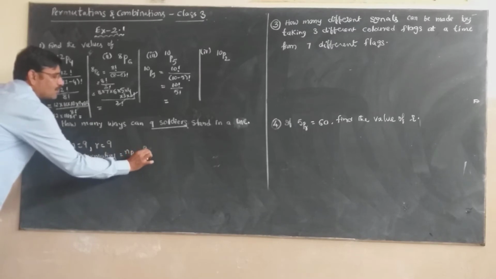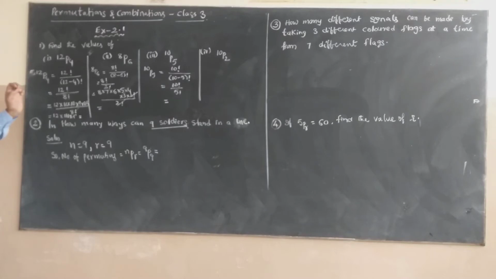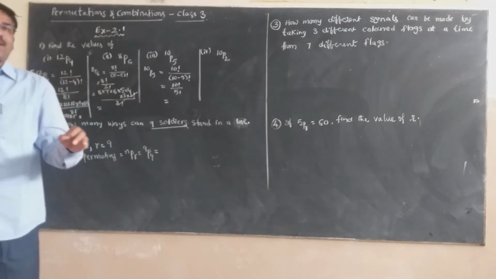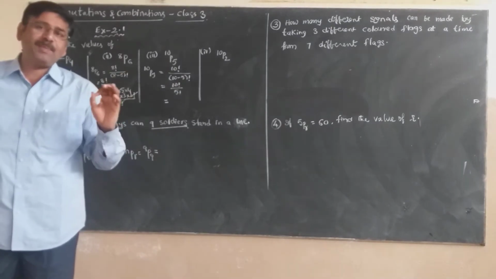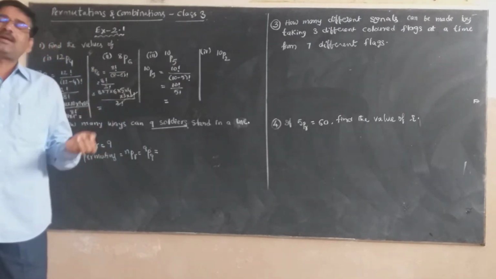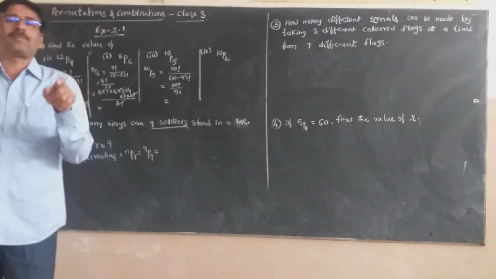nPr is equal to 9P9, which is equal to, as I already told you in the last class, nPn is equal to n factorial. Like that, 9P9 is equal to 9 factorial. 9 factorial could be a big number.